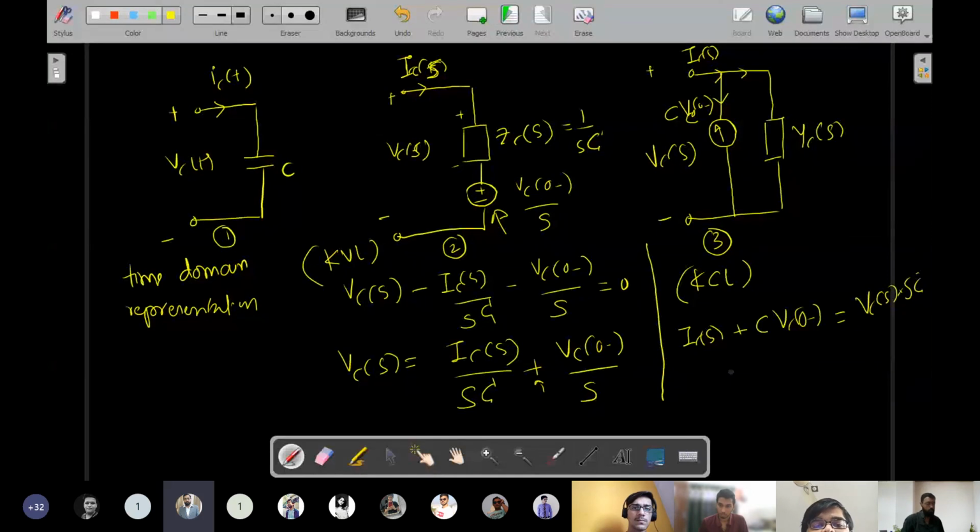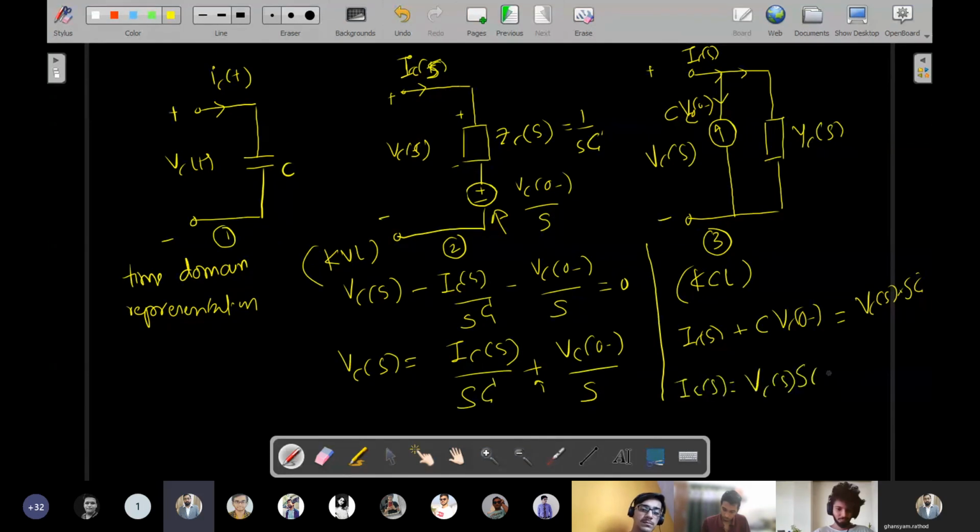So this is how we can write it in V by R form. V by R means V by impedance. And our equation will become IC of s equal to VC of s times SC minus C VC(0-). This is the satisfied equation of current through the capacitor in Laplace transform.